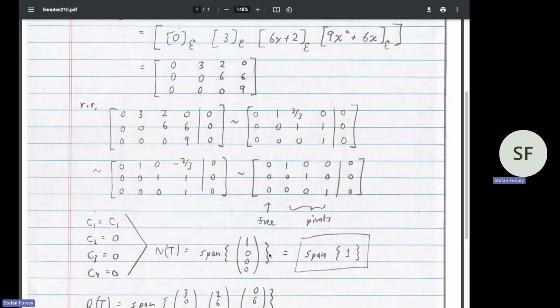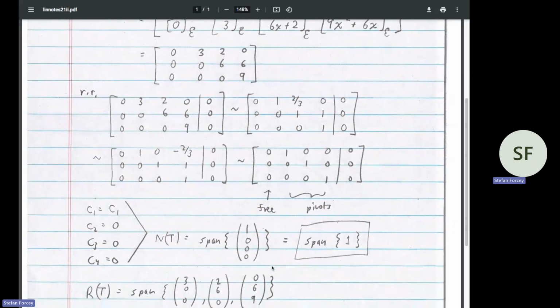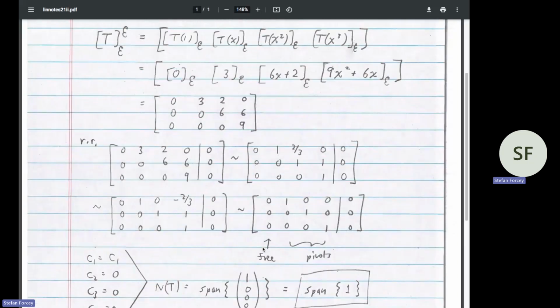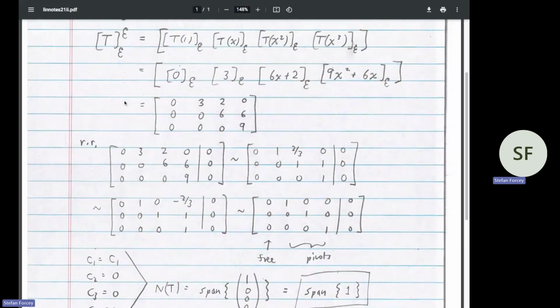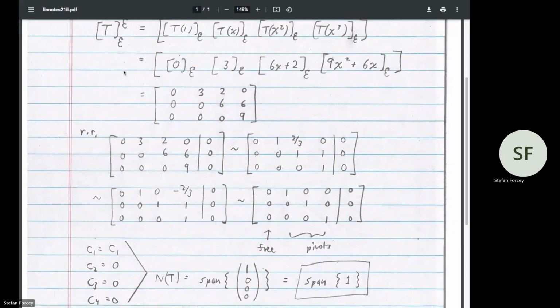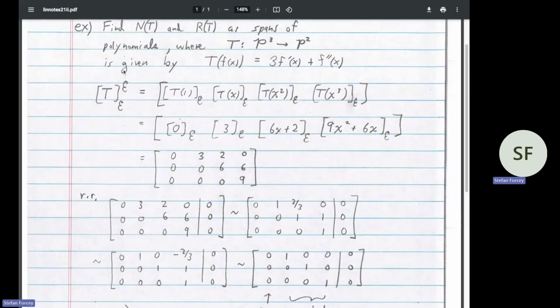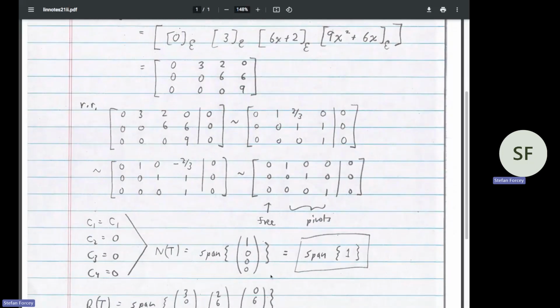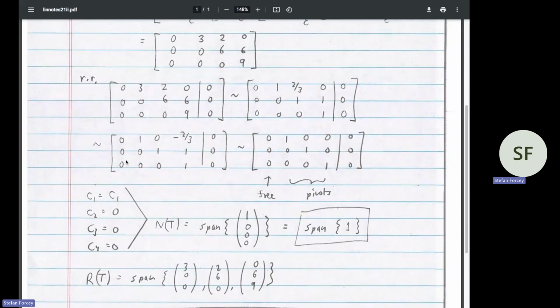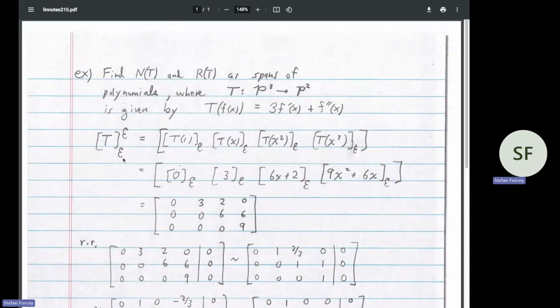Almost finished, because it said to write this as a span of polynomials. But remember, this is in the basis. Since we're talking about the null space, we look at the input basis. That's why there are 4 components to that vector, because the input is P3, and the basis that we're using is the standard basis.